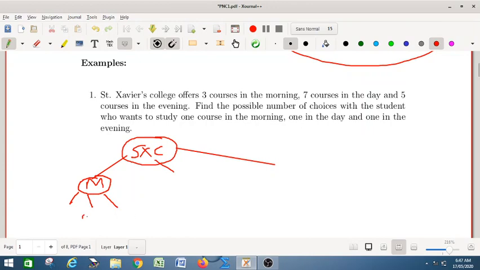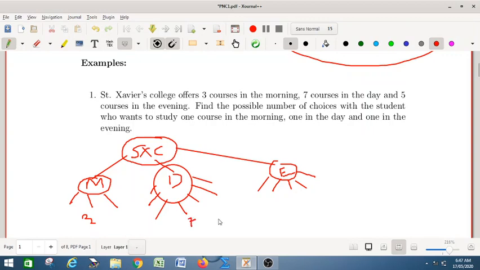So 3 courses in the morning and 7 courses in the day, and 5 courses in the evening. So this is the college offering courses. So this is 7, this is 3, this is 5.